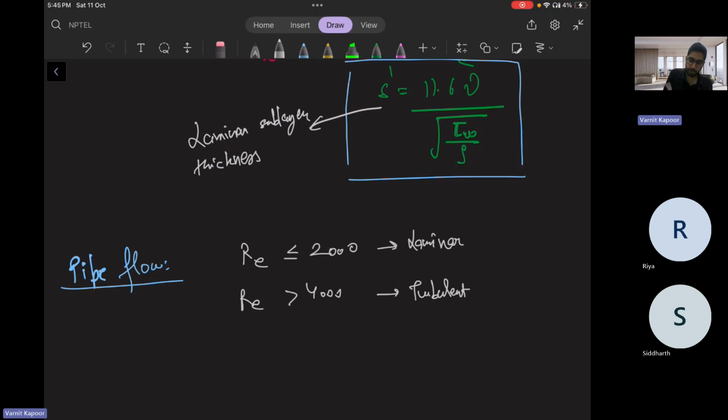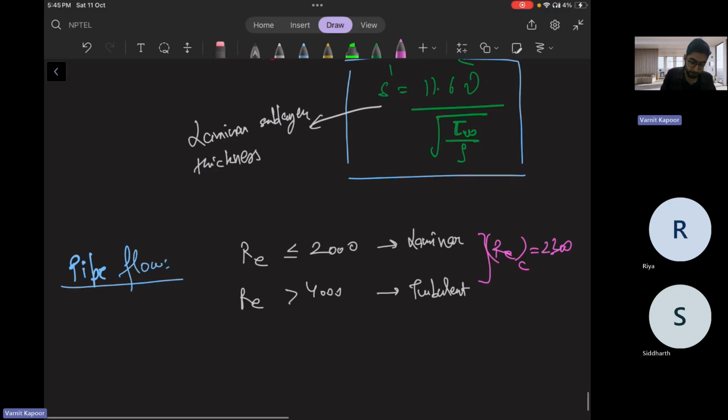So anything between 2000 to 4000, 2300 is the value which is the critical Reynolds number for flow through pipe, 2300.